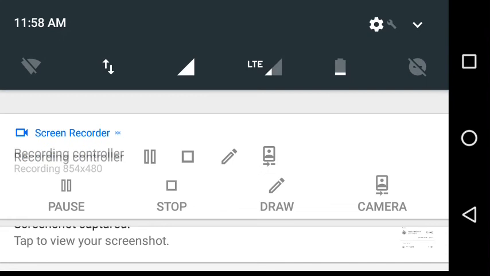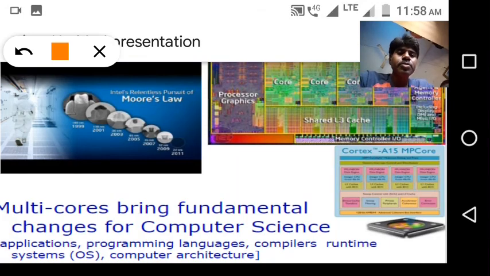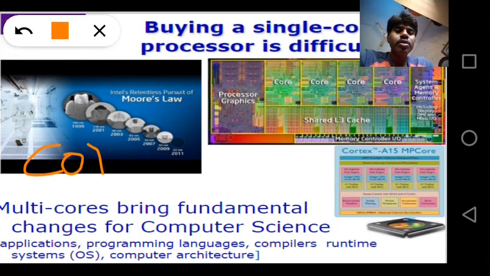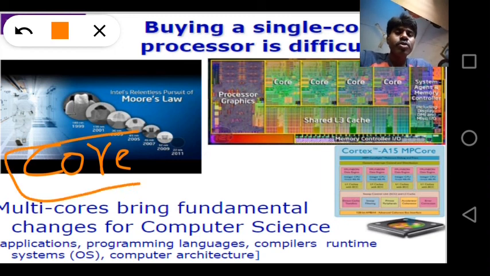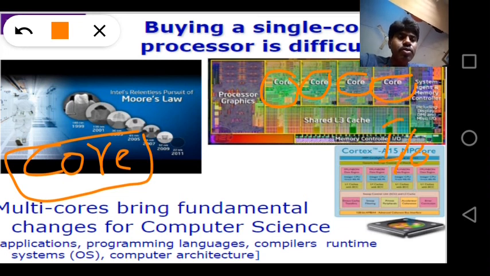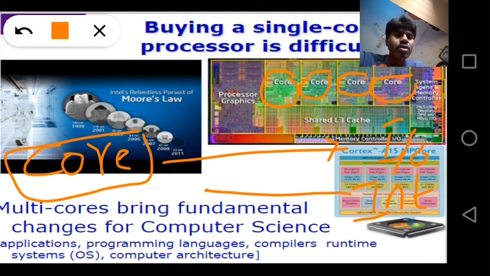But if you take the speed of the cores and the speed of the I/O interfaces, you cannot compare the speed of a core with the speed of the I/O interfaces.